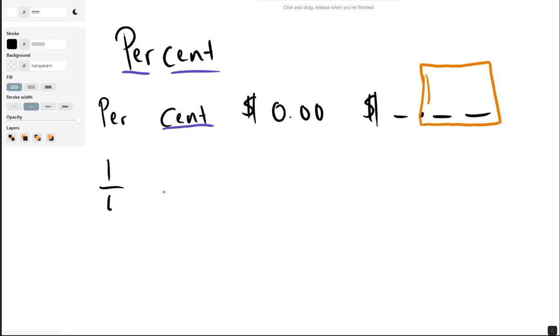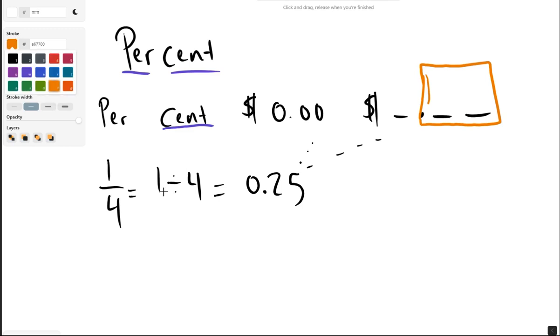Because if we see 1 out of 4, we can go to our calculator and say 1 divided by 4. And then that will give us 0.25, which looks a lot like what I told you to be looking at. Hey, wait, I know how to read this. That right there, that's 25 cents.